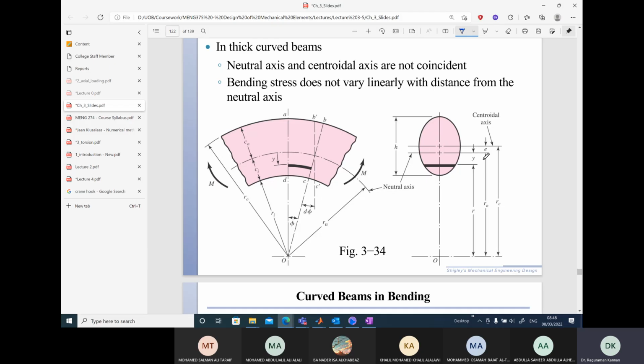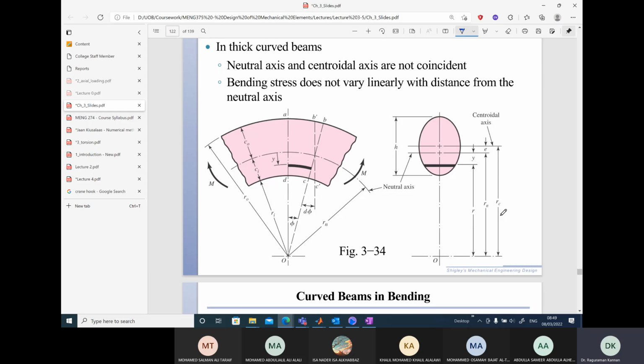So Rn represents the distance from the neutral axis to a point of origin, which is the center of curvature. Based upon the curvature of the hook, we can find the center of curvature. From the center of curvature, we measure all the distances for the curved beam. So the distance from the center of curvature to the neutral axis is given by Rn.